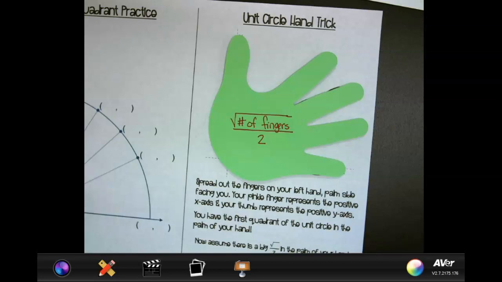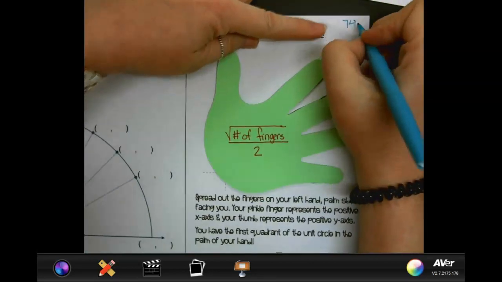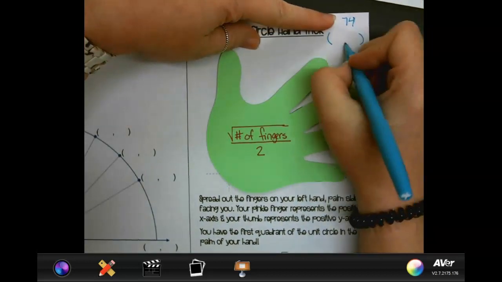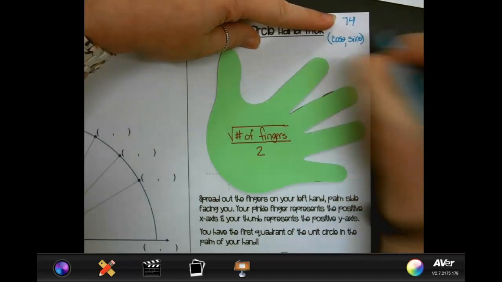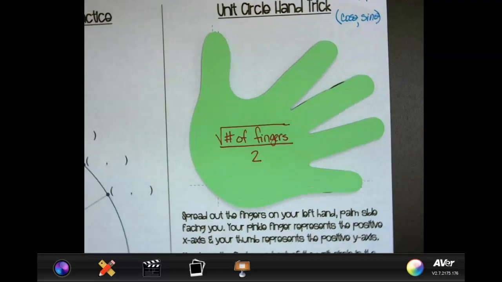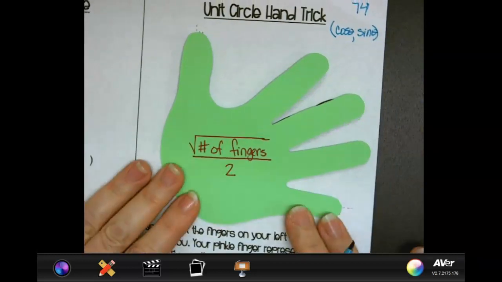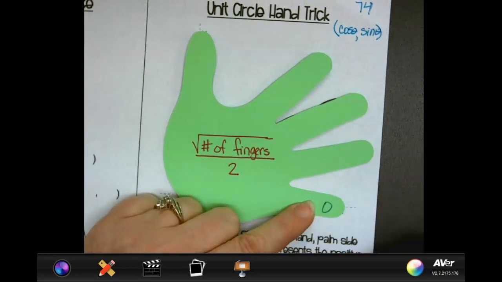All right, so remember a couple of things. First, it's going on page 74. We also know that our ordered pairs are always cosine theta, sine theta for a unit circle. This is our left hand, palm up. Our pinky is at 0 degrees.